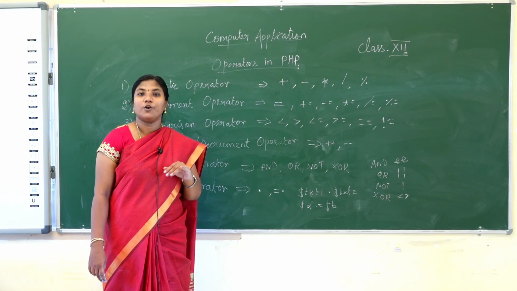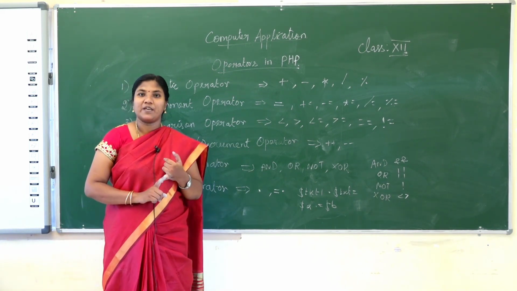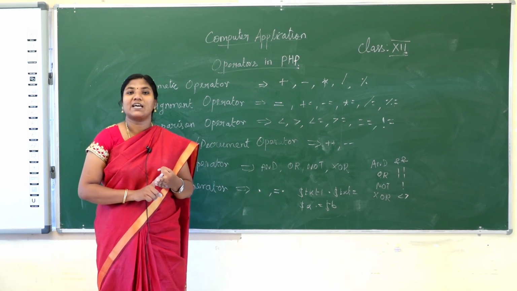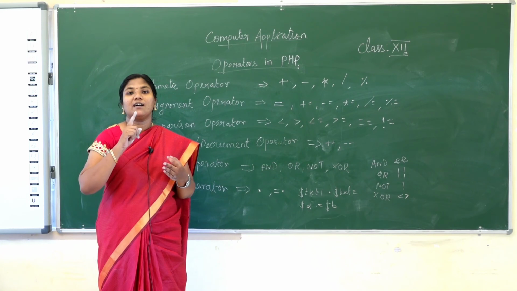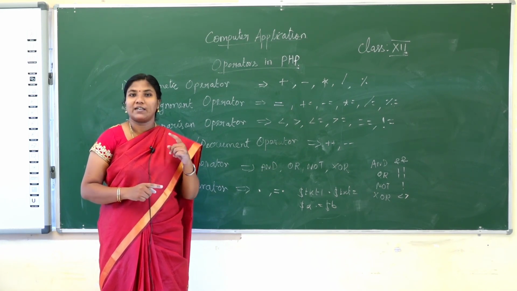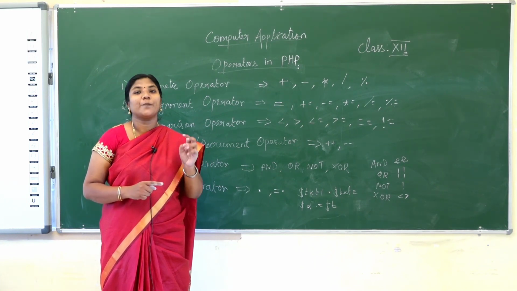In this chapter 4, what have we learned? What PHP is, when it was created and for what purpose. You have seen the client server architecture and its types: 1-tier, 2-tier and 3-tier architecture. Then how a PHP script works.